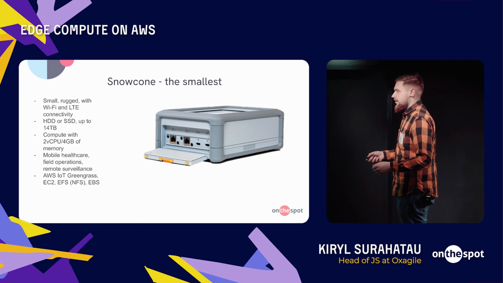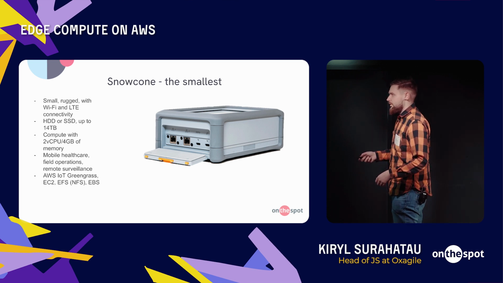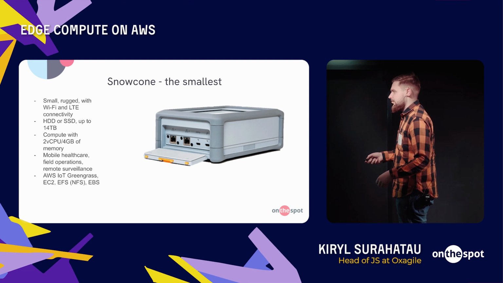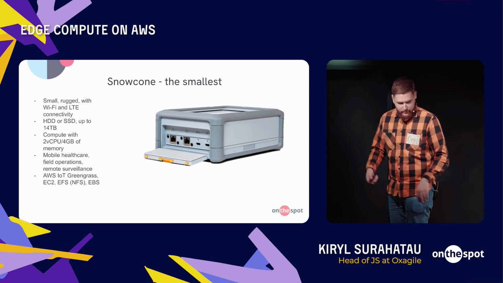It can be used for gathering data in such industries as mobile, healthcare, field operations, remote surveillance, whatever you can imagine. Services you can run on these are also kind of limited: AWS IoT Greengrass, EC2, EFS exposed through an NFS endpoint, EBS, that's it.